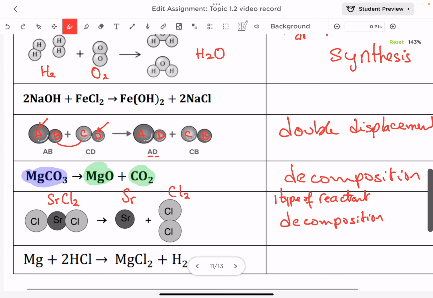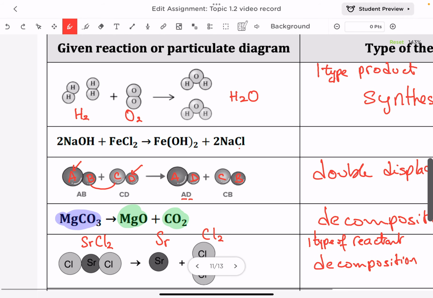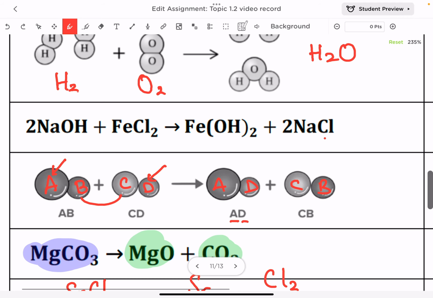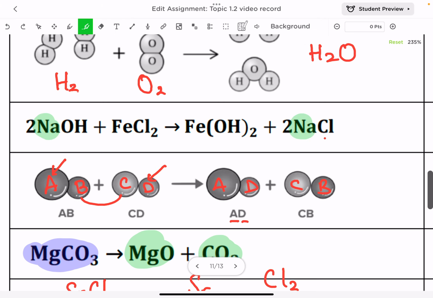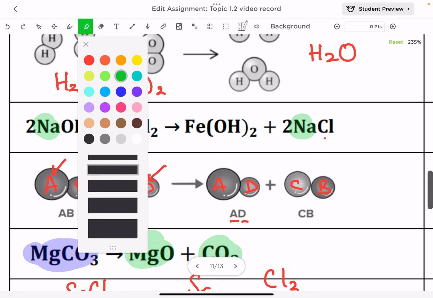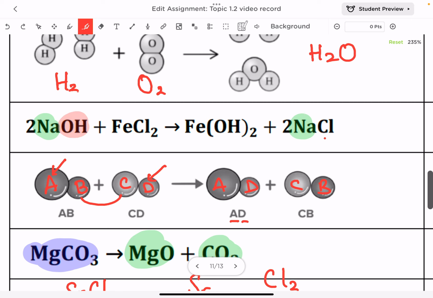Another example, we can see it over here. You have to compare what you have, and it's like color the same atom with the same color. So this is sodium, I'm coloring it with green, and I'm gonna color the OH with red. So first the green was with the red, and now they are separated.